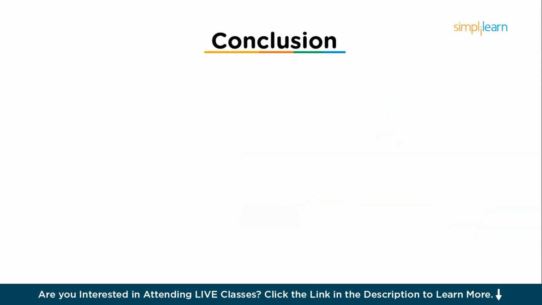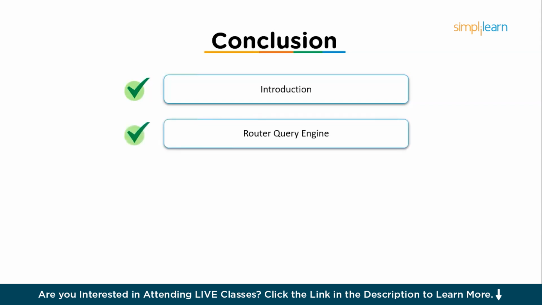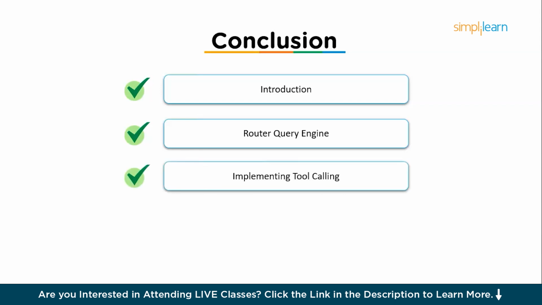We started with an introduction to understand why agentic reasoning is important in retrieval augmented generation and how it improves AI's ability to handle diverse queries effectively.